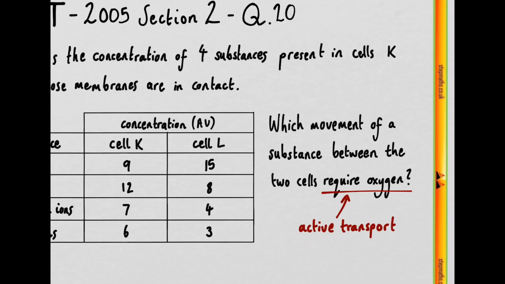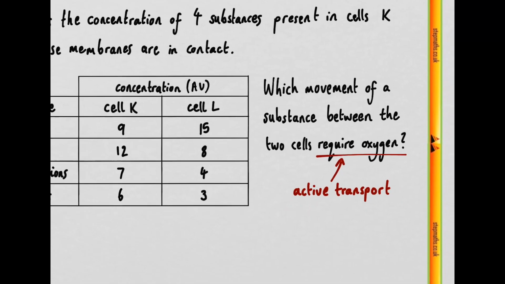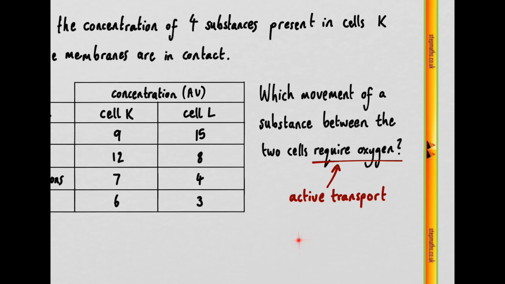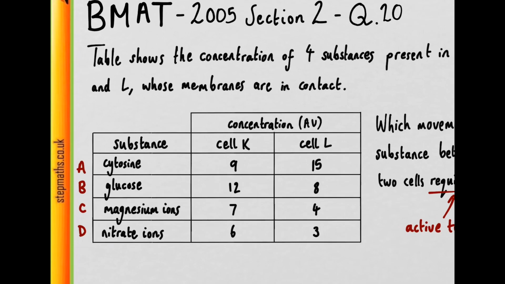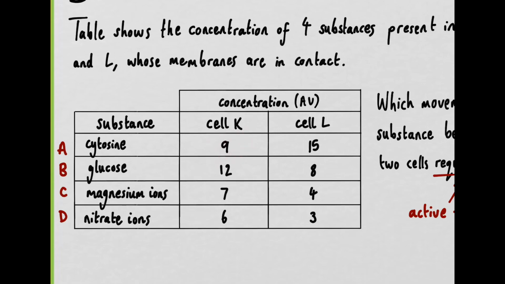So active transport is against a concentration gradient, so it's from a region of lower concentration to a region of higher concentration normally. So in the case of cytosine, active transport would be from cell K to cell L, against the concentration gradient.